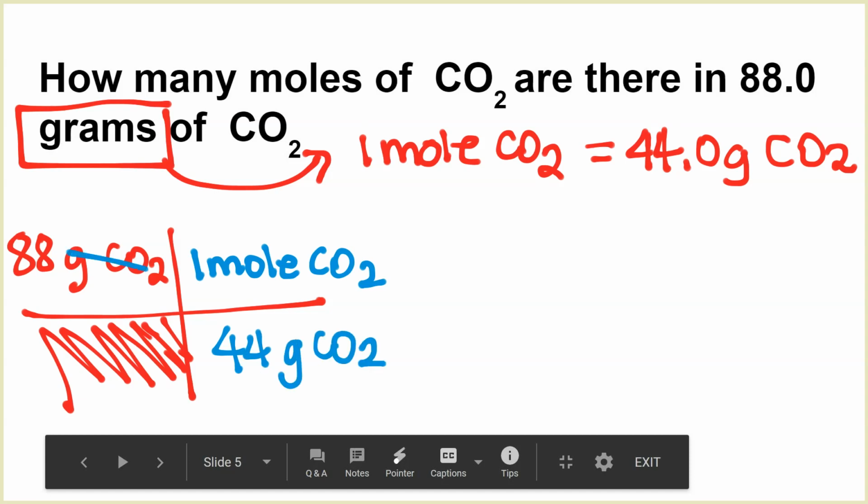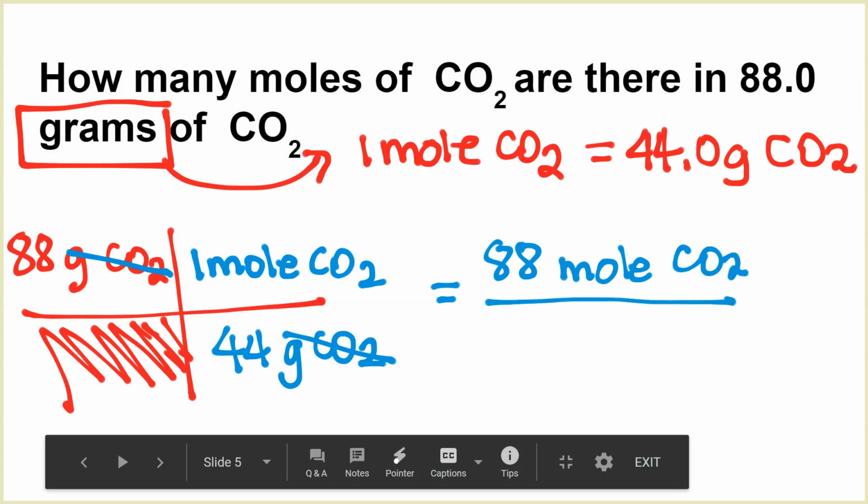Again, doing so allows us to cancel out the units. You multiply everything at the top. 88 times 1, you get 88, and the unit will be mole of CO2. Then you multiply everything at the bottom, but it's just 44. And 88 divided by 44 is simply 2. The unit will be moles CO2.